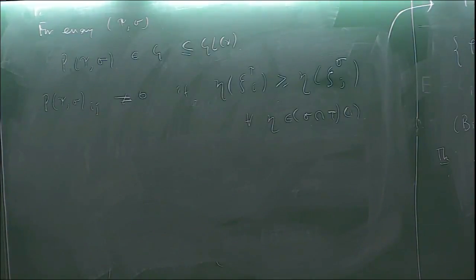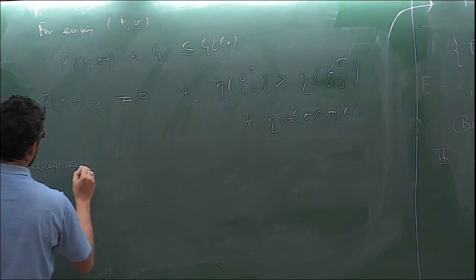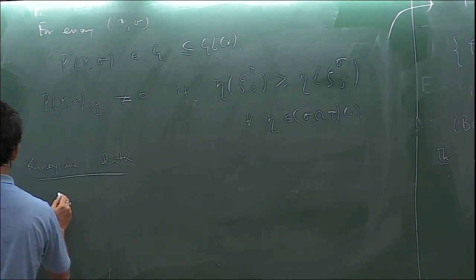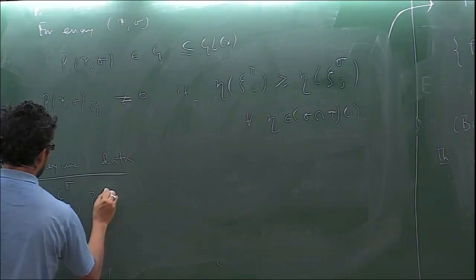So now I call it Kaniyama data: this collection xi sigma, which is a collection of characters, and p tau sigma.